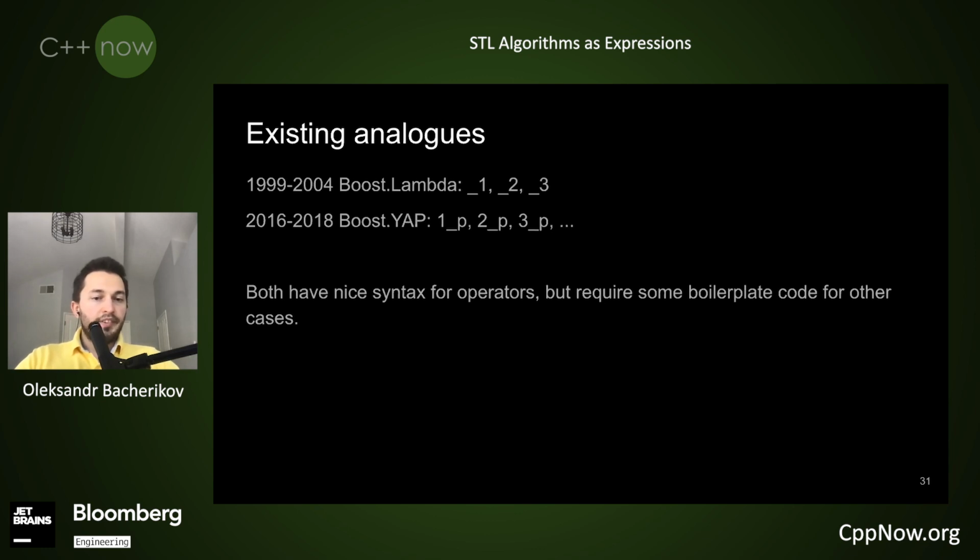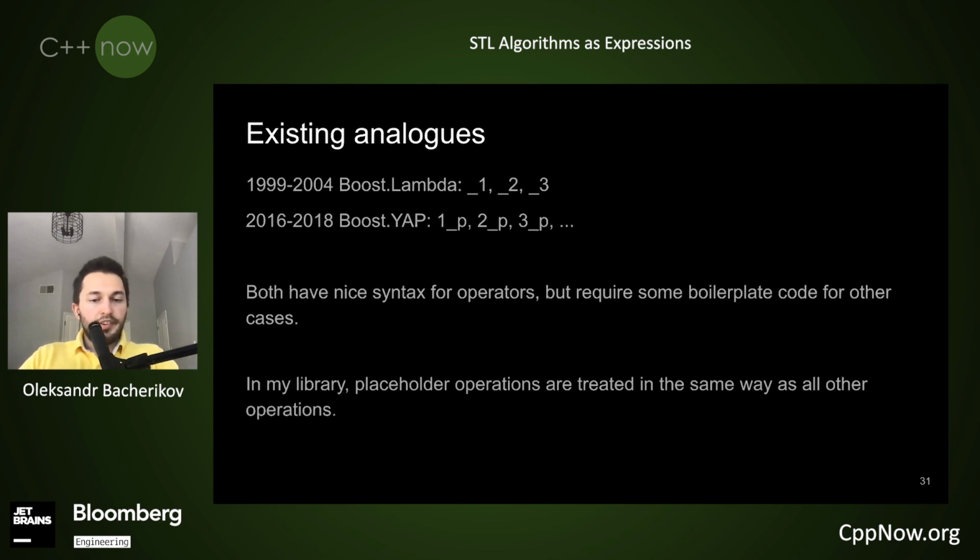They both have nice support for operators, but for other functions, they need some more boilerplate code. And in Yap, I think you need to wrap the result into something like make operation to actually get it as a function object. So what's interesting, in my library, these placeholder operations are treated absolutely in the same way as all other operations.